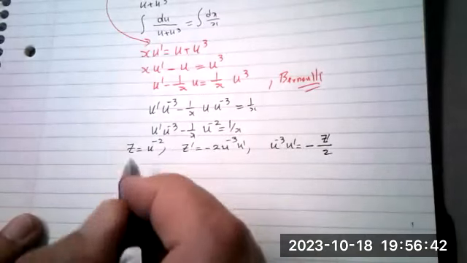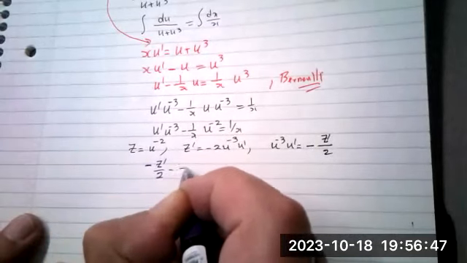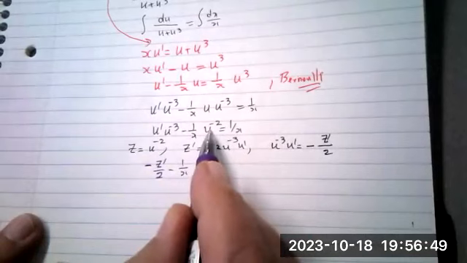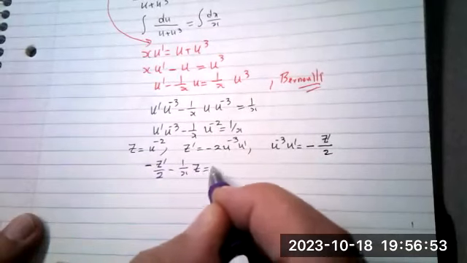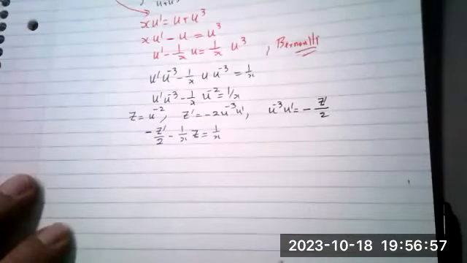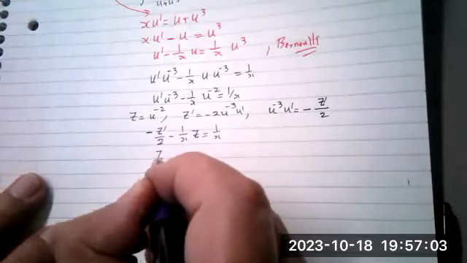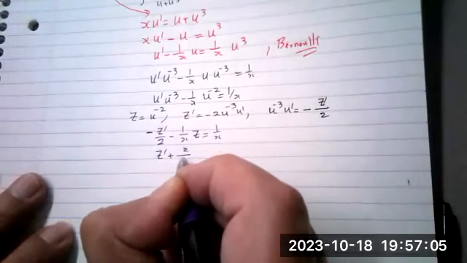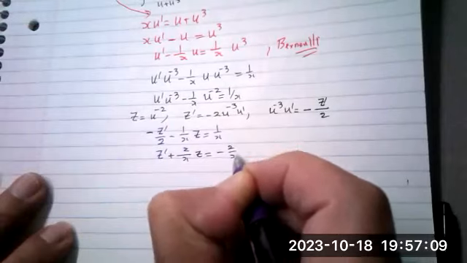This would be negative z prime over 2 minus 1 over x z equal to 1 over x. To solve it, you multiply by negative 2, and then you go for the integrating factor of the linear equation.